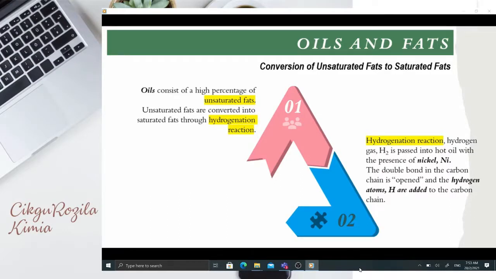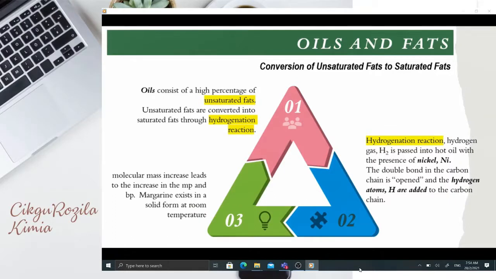Okay, the double bond in the carbon chain is open or broken and the hydrogen atoms are added into the carbon chain. And the last one, dikatakan bahawa when this reaction occurs, molecular mass increases. Okay, leads to the increase in the melting point and boiling point.